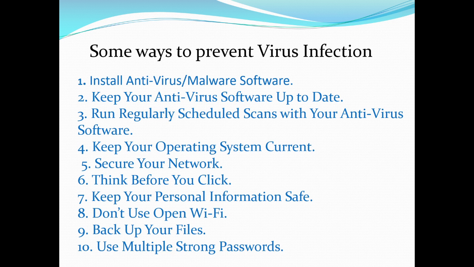Then a secure network must be used. Always think before you click on any file. Keep your personal information safe somewhere else, not on the device which you regularly use. Next, don't use open Wi-Fi. Back up your files. Use multiple strong passwords.